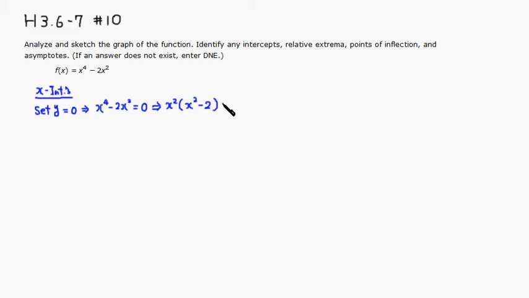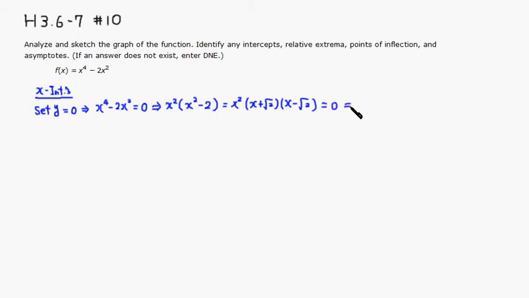So this is going to be x squared times quantity x plus square root of 2 times quantity x minus square root of 2. Set that equal to 0.